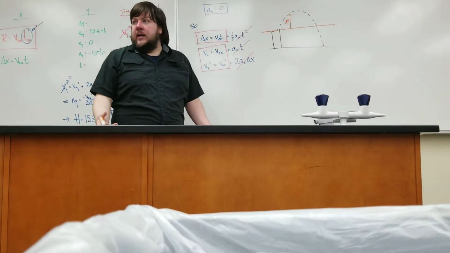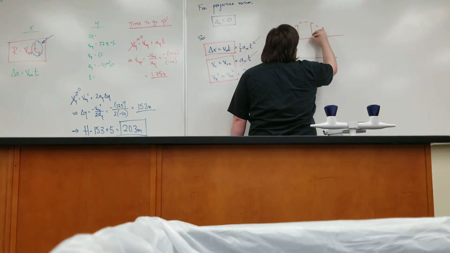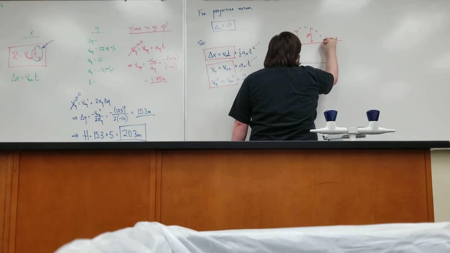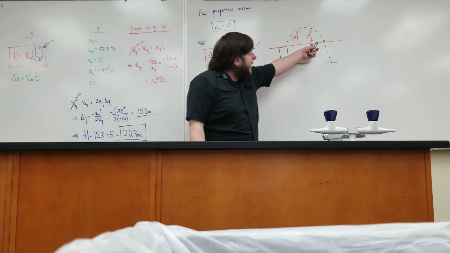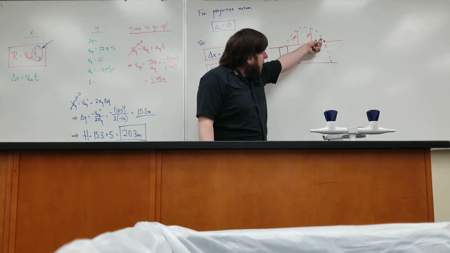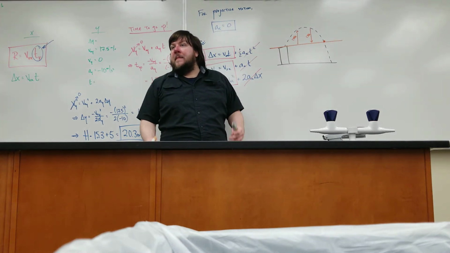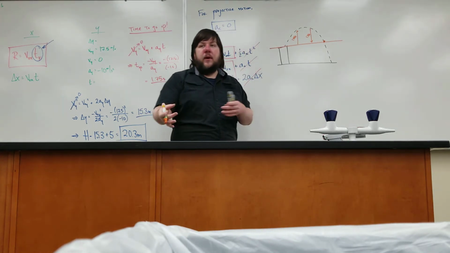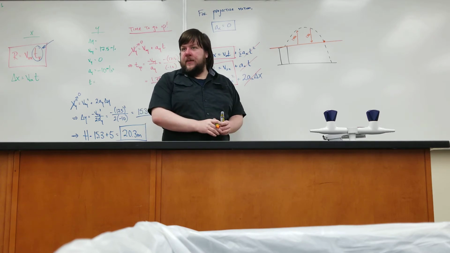So accordingly, 1.75 seconds is how long it's going to take to drop back down, but only to that point. So you see it still has more to fall. So the amount of time it's going to take to fall is going to be longer than 1.75 seconds because the trajectory is not symmetric.